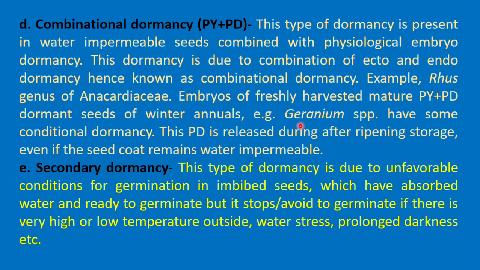Now secondary dormancy, this is the last type of endogenous dormancy. This type of dormancy is due to unfavorable conditions for germination in imbibed seeds which have absorbed water and are ready to germinate, but they stop or avoid germinating if there is very high or low temperature outside, water stress, prolonged darkness, etc. So why is this secondary dormancy?